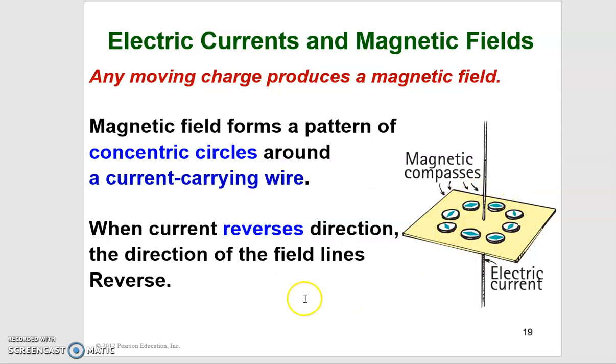Make sure that you can use your right hand to reproduce the direction of the B field. Let me summarize. If you have a current upward in a long wire, the B field is counterclockwise. If the electric current goes from the top to the bottom, the magnetic field produced is clockwise.